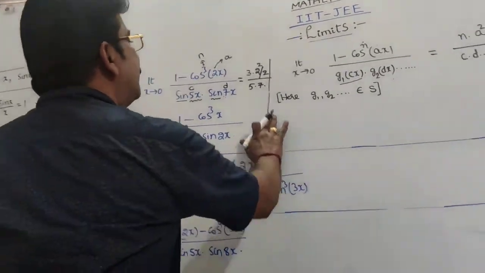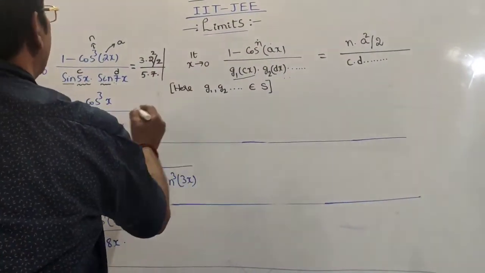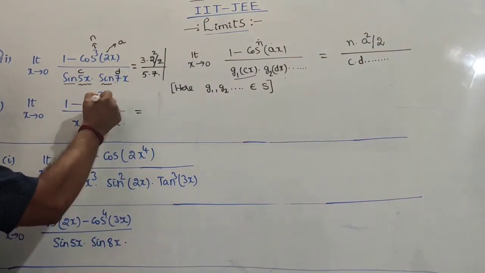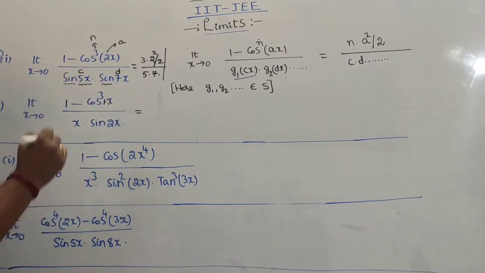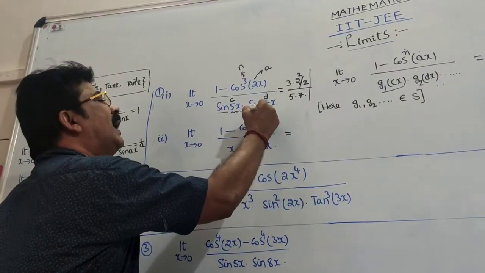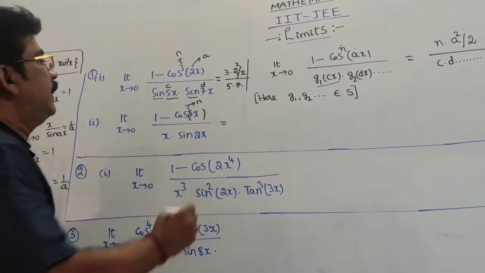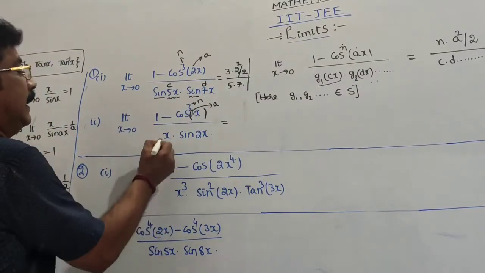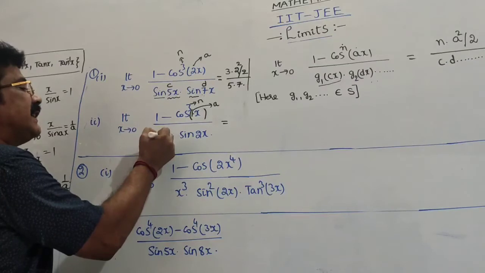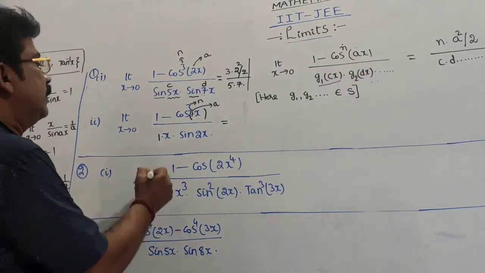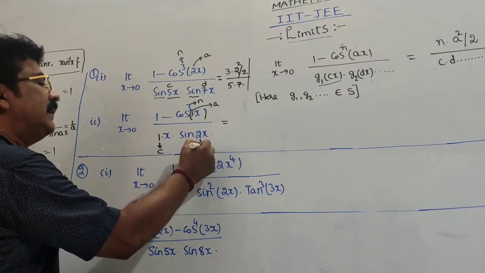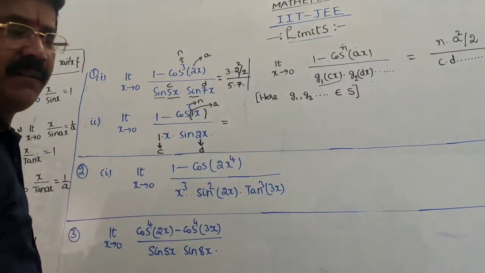Next, the second one. Here x means it is 1 into x, in angle. This is n, and a equals 1. Here x means nothing but 1 into x, so this is c and this is d, only the coefficient of x.